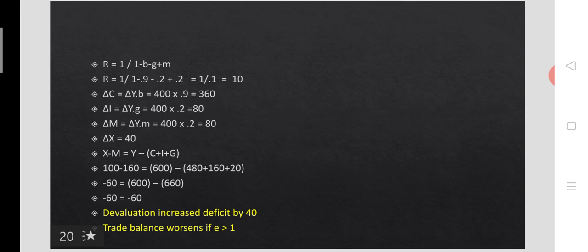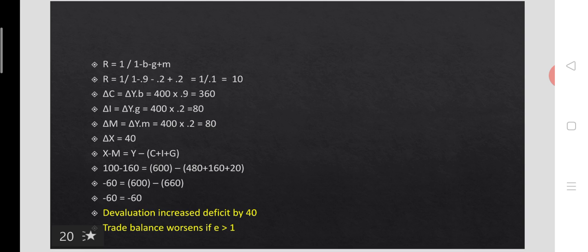100 minus 160 is the trade balance, and that is equal to the total income, 600. Previously it was 200, income increased by 400. Then total income is 600 minus total consumption, 480. It was 120, increased by 360.